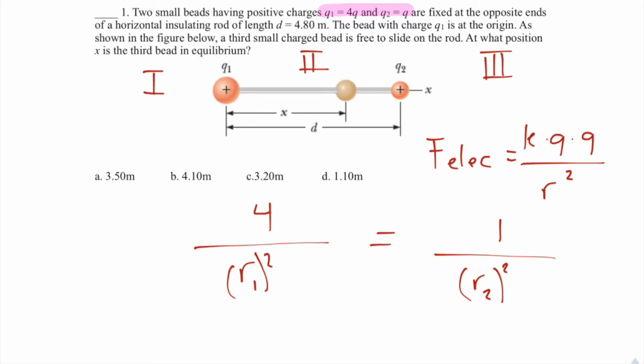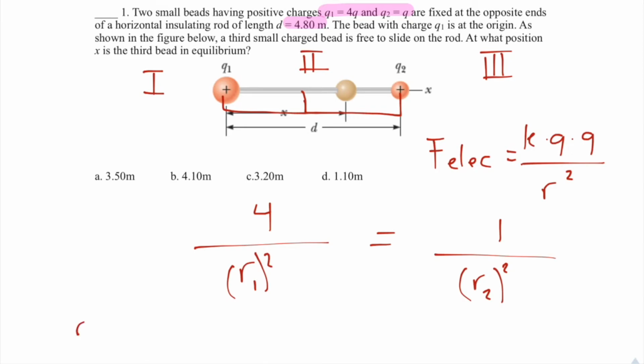Well, those are two different distances, as we've already discussed. But R1 and R2 are related to one another in that together they equal 4.8 meters. So R1 here and then R2 from over here from Q2, regardless of where one is located, the other one will add up to equal 4.8 meters.